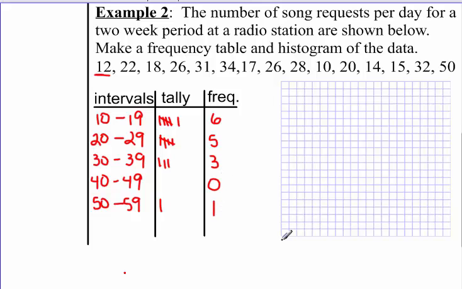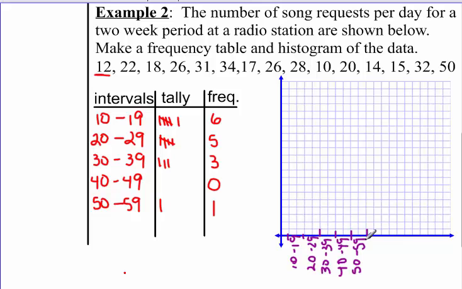So the next thing is to set up our histogram. So when you set up your histogram, you need to make sure that you scale your axes. So I'll have my y-axis, my x-axis. On the bottom, I'm going to set up my intervals. So we're going 10 to 19, next set.